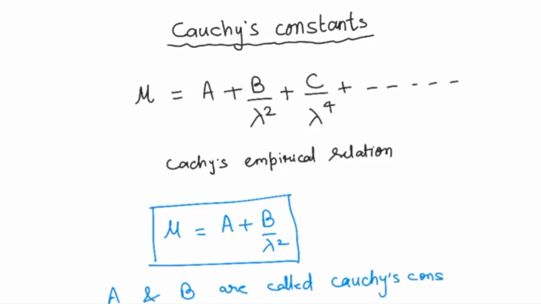So the objective of the experiment is to determine the value of A and B experimentally.